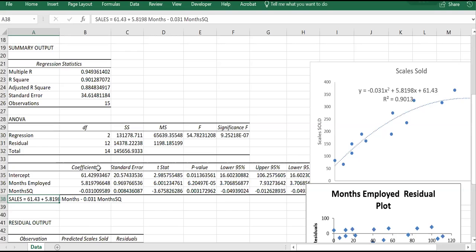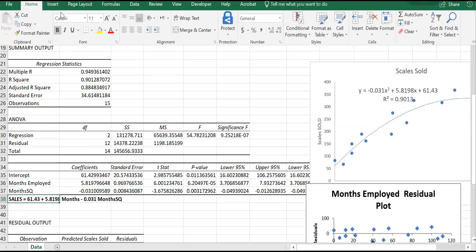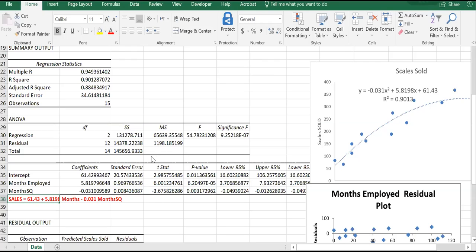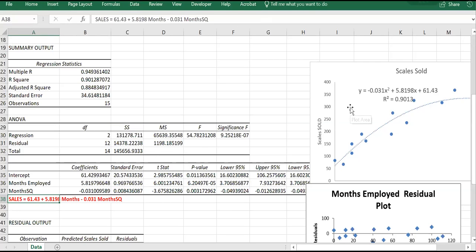So that's the equation, and it's exactly the same as the quadratic equation that we had using the scatter chart, right?